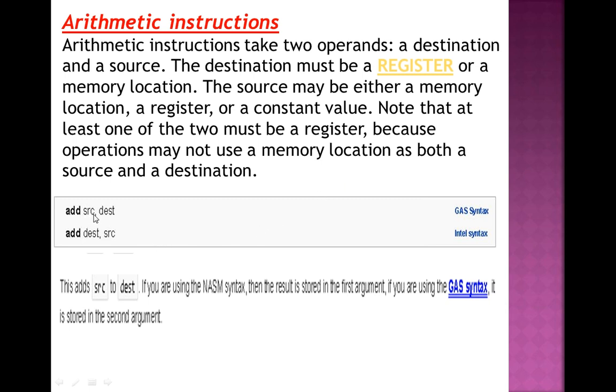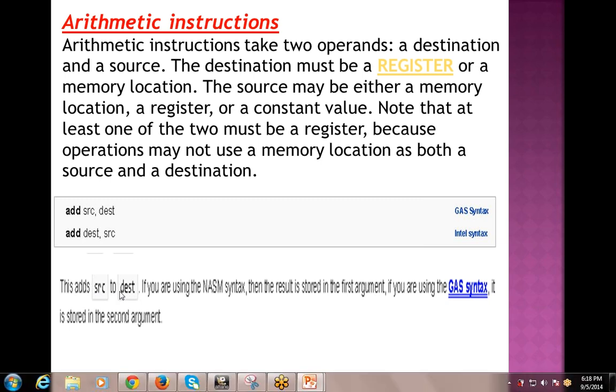This is add src, dest, which is your GAS syntax. This is add dest, src, which is your Intel syntax. So how can we add? The first operation is add. This adds the source to the destination. If you are using the NASM syntax, then the result is stored in the first argument.